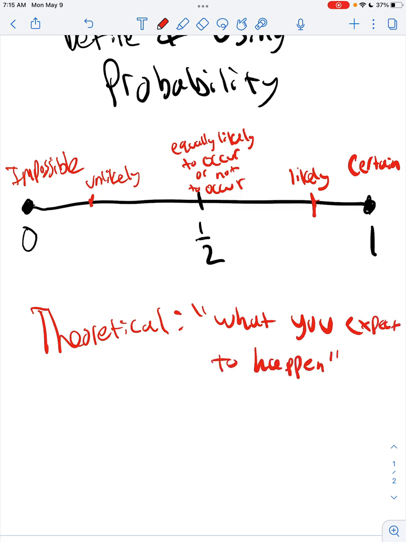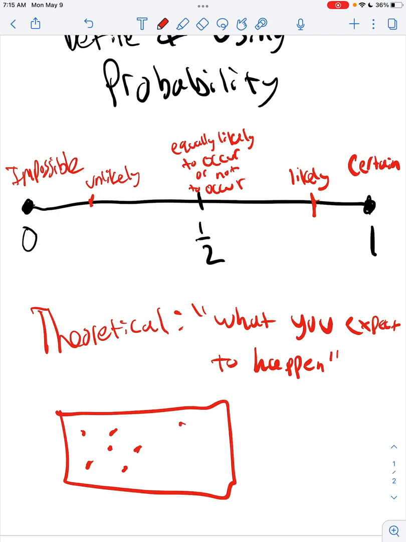So if I take this box or this set of numbers, say I've got these dots in here, and I drew a circle, the theoretical probability of drawing a dot out of this circle, if I count up all my dots, 1, 2, 3, 4, 5, 6, 7, 8, 9, 10, 11.